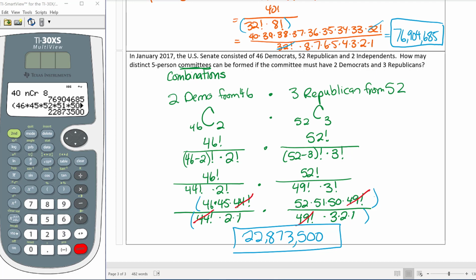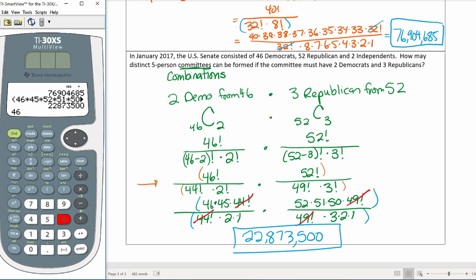Now, if you had a calculator that has the factorial button, you could instead use this function right here. We'll put a parentheses around the numerator, put a parentheses around the denominator, and then just use the factorial button.